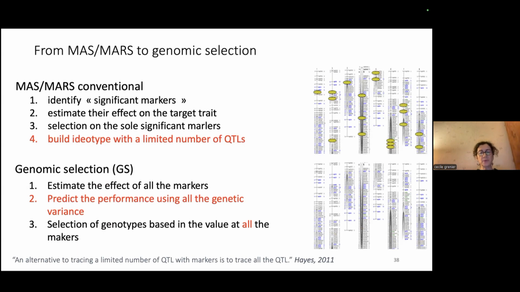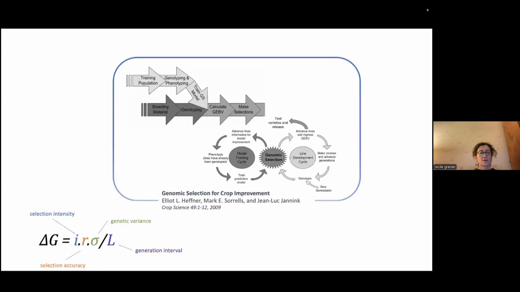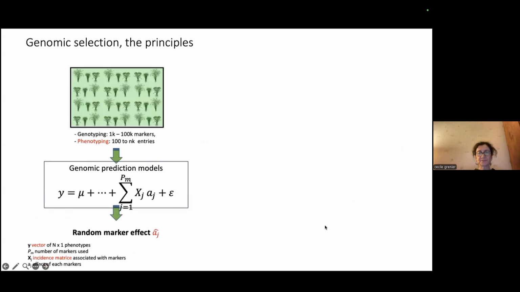So this is a very big change in the concept: we use the entire genetic information to select new elite lines. So genomic selection has a very high potential in terms of the delta G, which is the genetic gain. This is the breeder's equation, with delta G, the genetic gain, as a function of the intensity of selection, selection accuracy, and genetic variance over the generation interval.